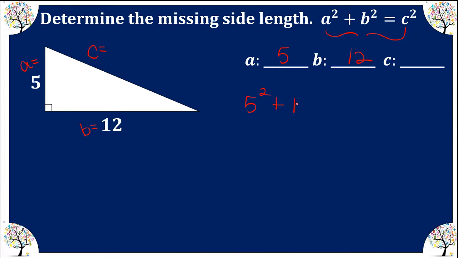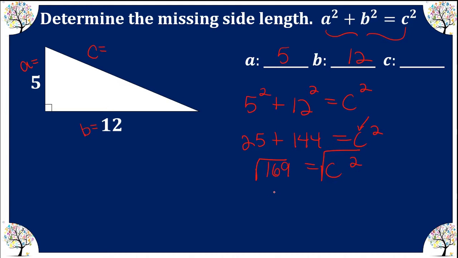Then we plug in B, and the formula says to square it, and we get C squared. Now remember, we're just looking for C. We're going to combine these. And now we want to take the square root of C squared to get C. So we take the square root, and C equals 13.